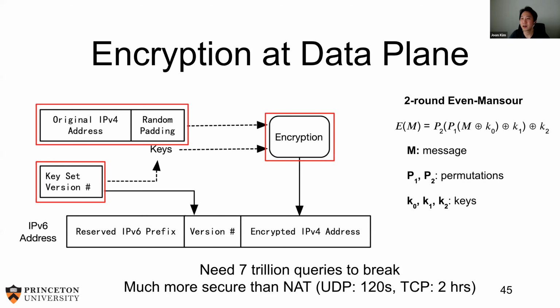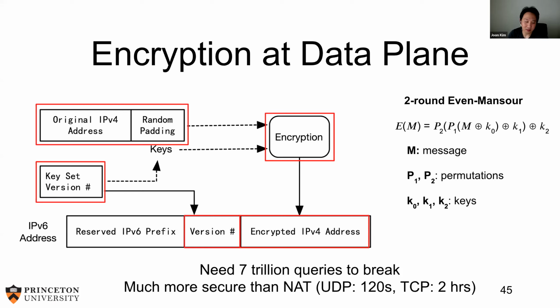We use something called two-round Even-Mansour, which is an encryption scheme that uses 2 independent permutation boxes and 3 independent keys, and mostly just does permutations and XORs, which is possible to run in the data plane. To break this, you would need 7 trillion queries if the random padding is 32 bits.